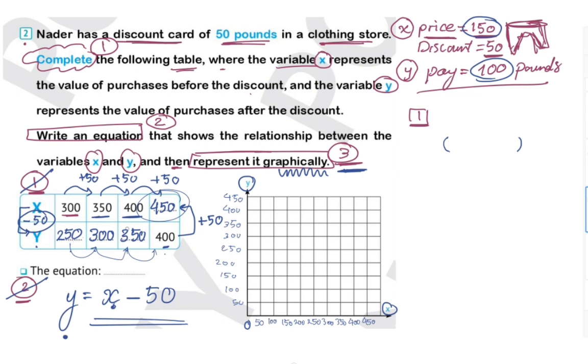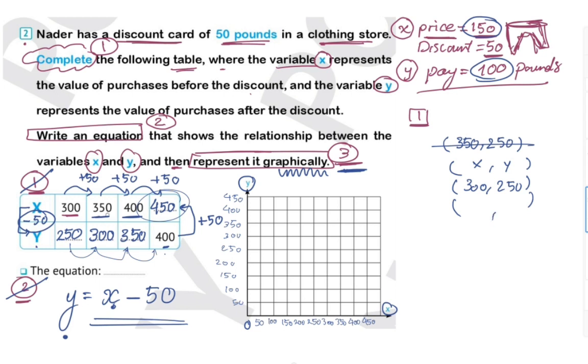Note with me, x and y. We have 4 ordered pairs. First one 300 and 250.